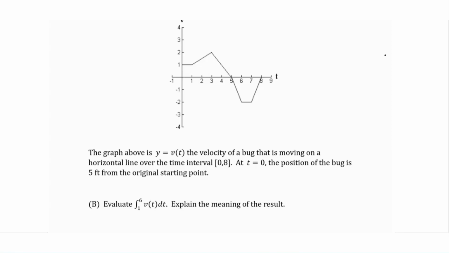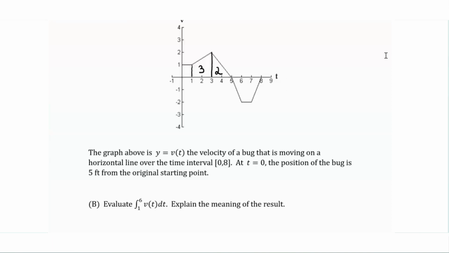From 1 to 3, I have a trapezoid, and that area would be 2 plus 1 is 3, times 2 is 6, cut in half, so that area would be 3. From 3 to 5, I have a triangle, so it's 2 times 2 cut in half, which comes out to be 2.